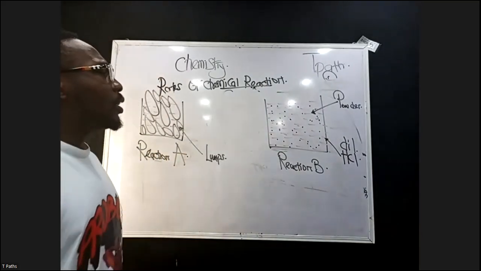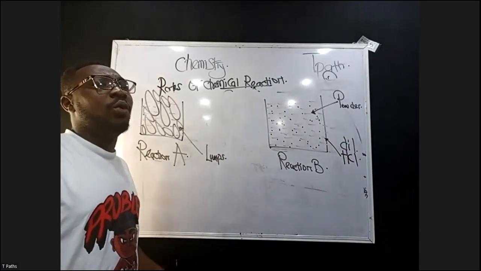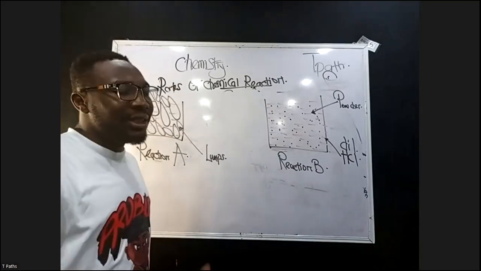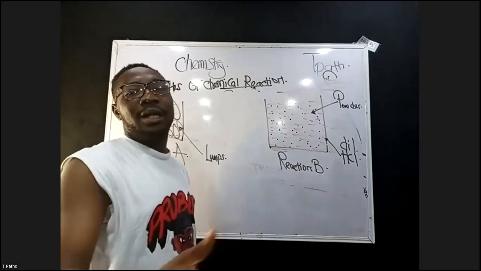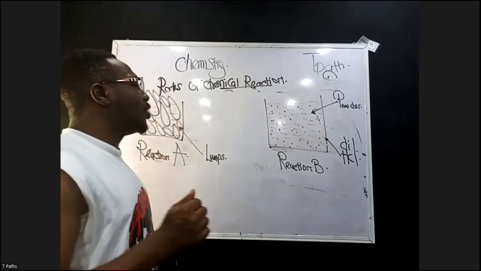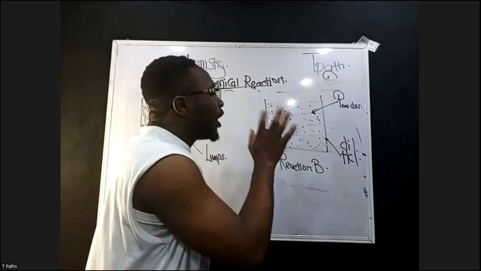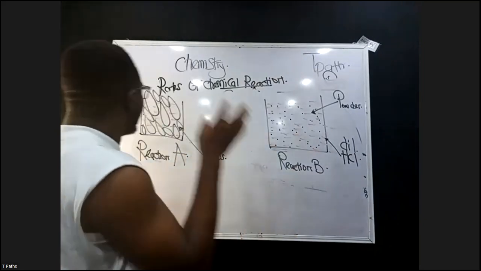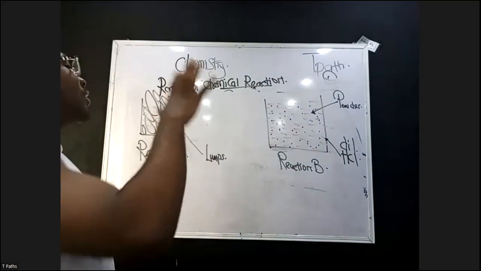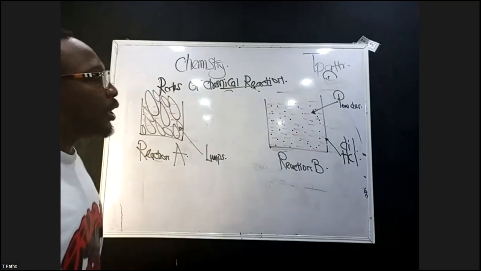In reaction B, because we are using powder, there is an increase in the surface area of the reactant. Due to this increase in surface area, this reaction will take place faster than reaction A. Why?